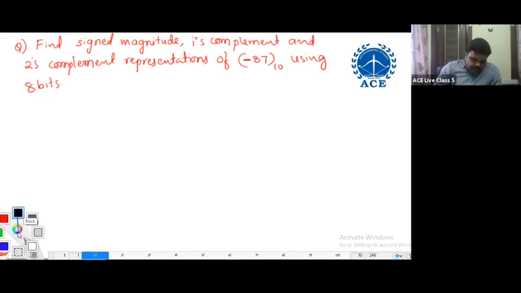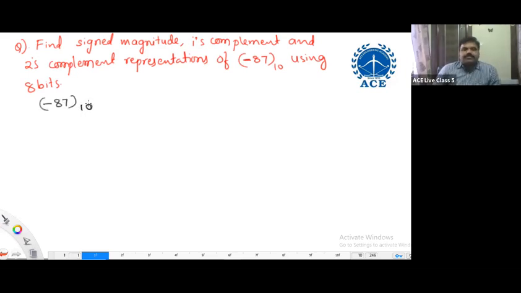So let us see how to solve this question. What is given? Minus 87 decimal. We would like to find its representations. Then what should I do? Sign plus magnitude. What is the sign? Minus, so the MSB should be 1. What is the magnitude we have? 87.